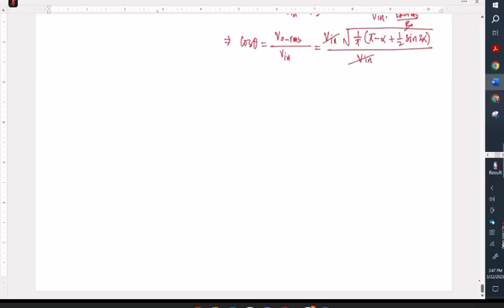If you cancel out, what should be the input power factor then? It should be the square root of 1 over pi, then pi minus alpha plus half into sine 2 alpha. Is there any confusion regarding this? Anyone?